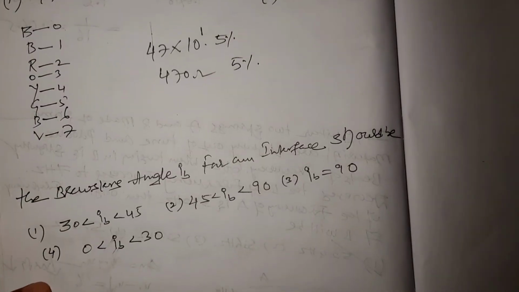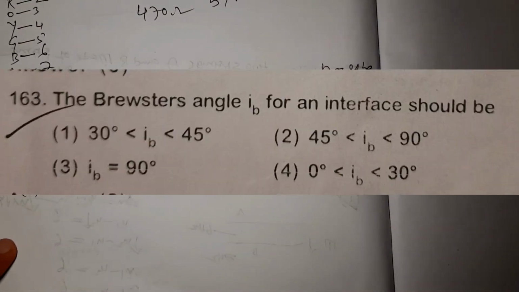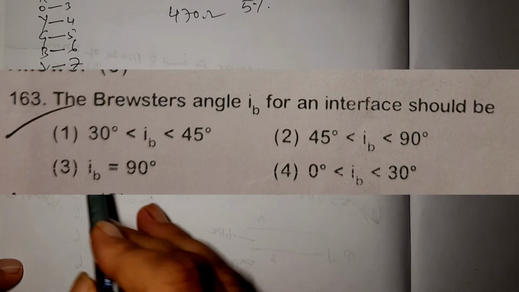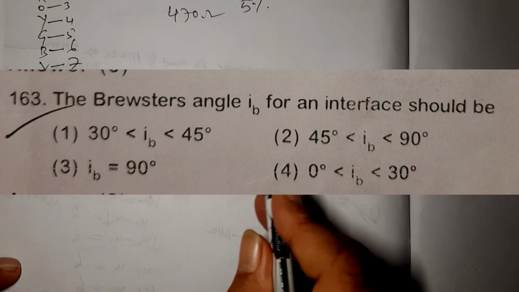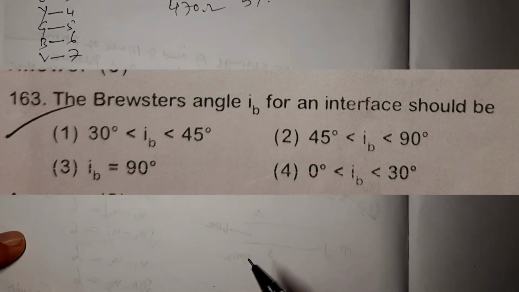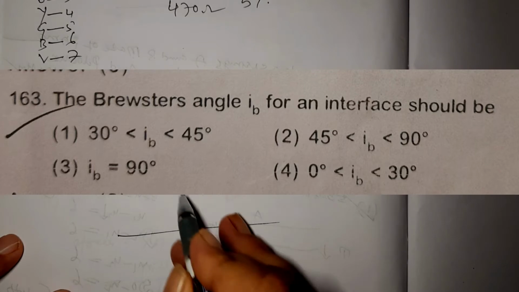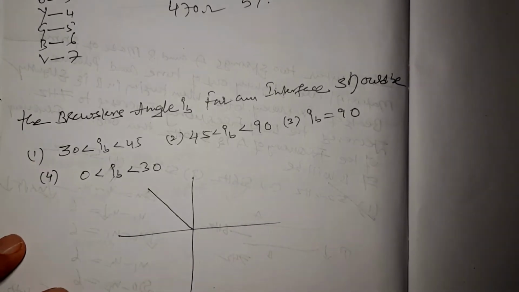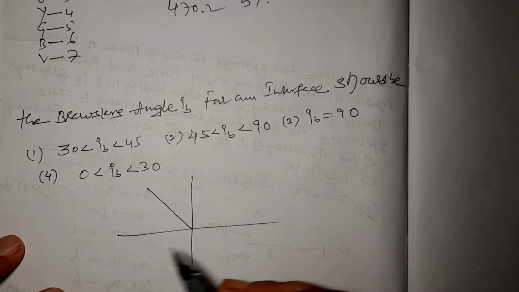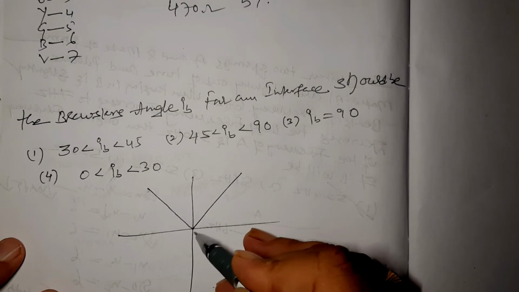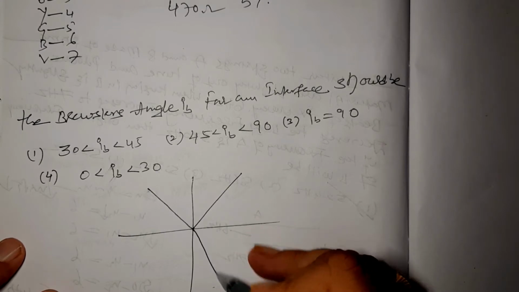Now another problem, which is from wave optics. The Brewster angle iB for an interface is shown. Do you know Brewster angle? Whenever light is incident on a reflecting surface, some portion of light is reflected and some fraction is refracted.